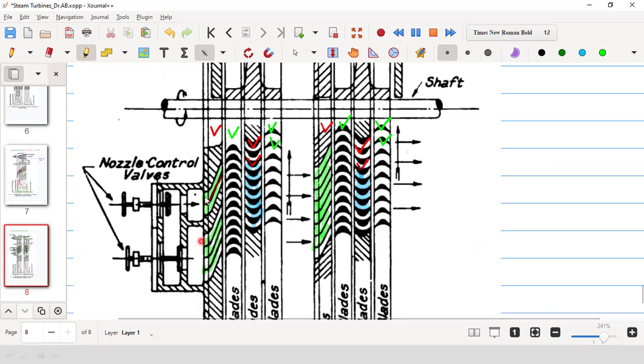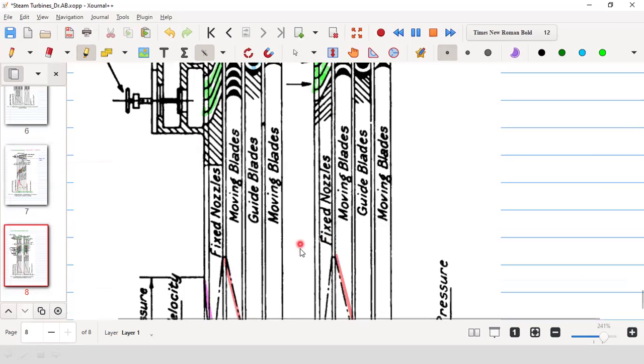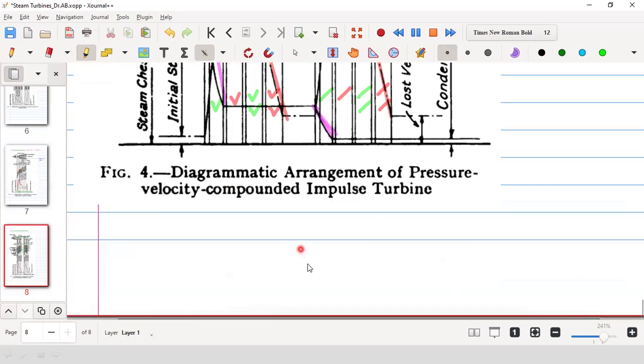If there are six nozzles and there are two nozzles, using two nozzles you will definitely get less torque compared to six nozzles. Okay, so I think we can stop today.